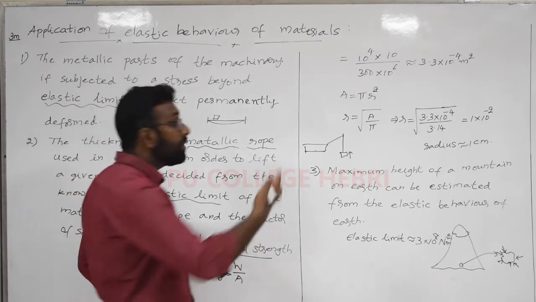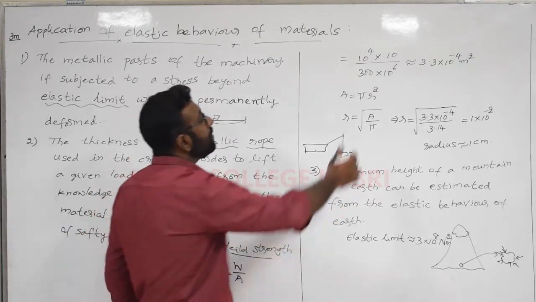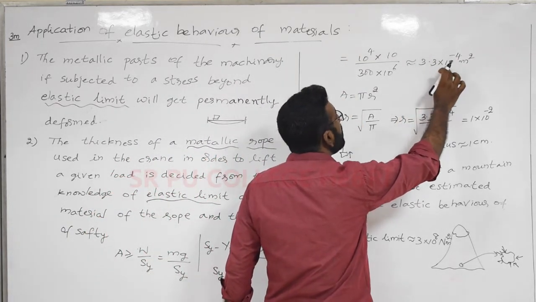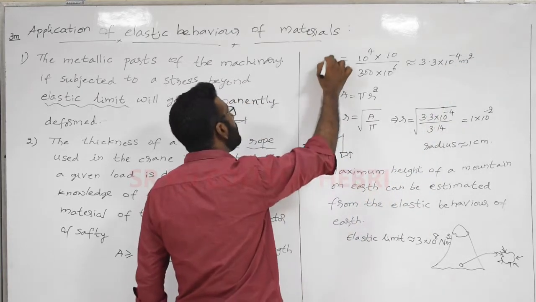This is the value for steel. By doing the calculation you get 3.3 into 10 to the power minus 4 meters squared. This is nothing but the area.